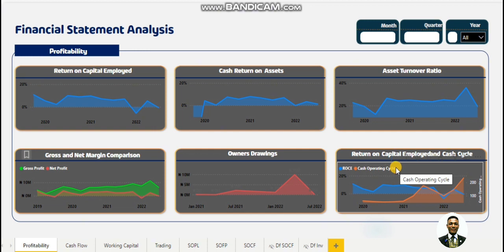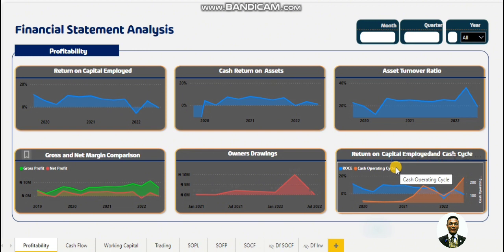It is necessary because it's an established fact in finance that as the number of days of the cash operating cycle increases, the return on capital employed, or the profitability in general of the business, will drop. Now, this is one way to check the cost. What could be the cost in terms of the working capital, how it is affecting the profitability of the business.